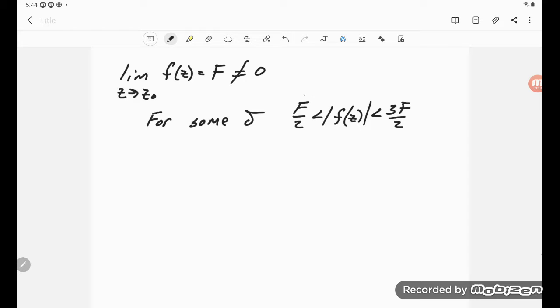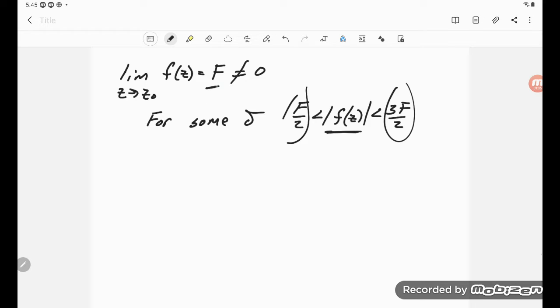And actually, you really could come up with any numbers for a given delta. Any numbers I want to pick, there would be a delta that I could bound my function in terms of this limit.